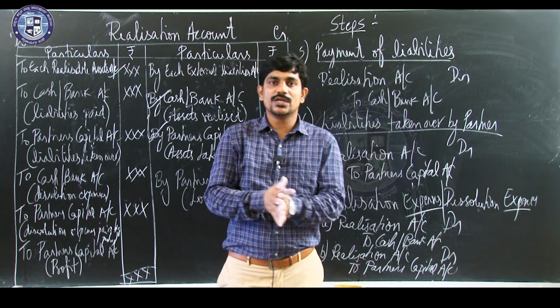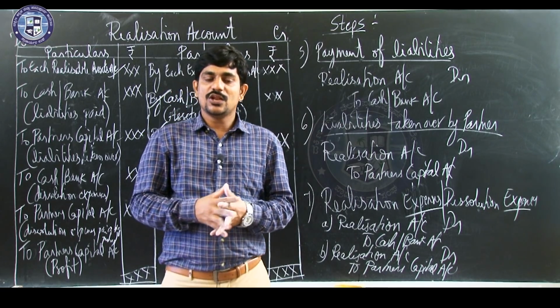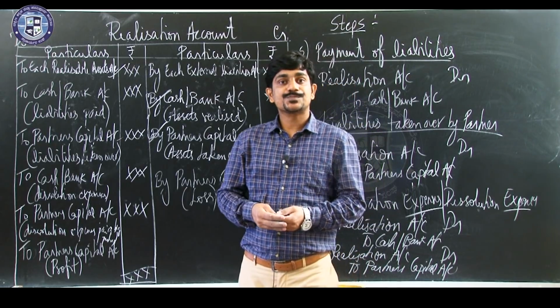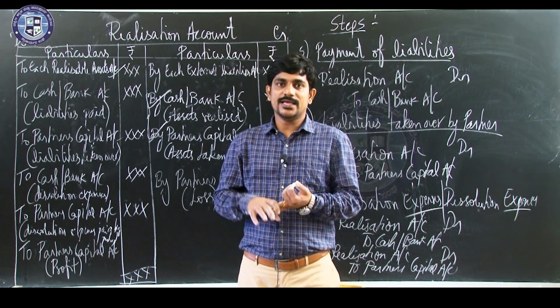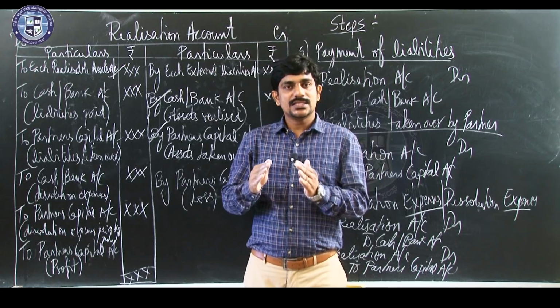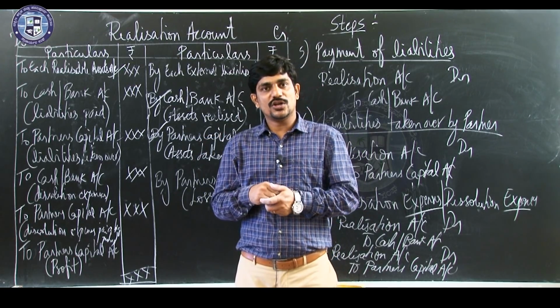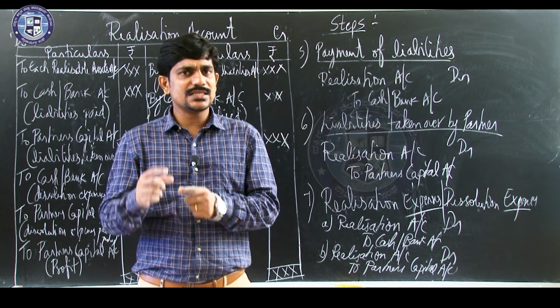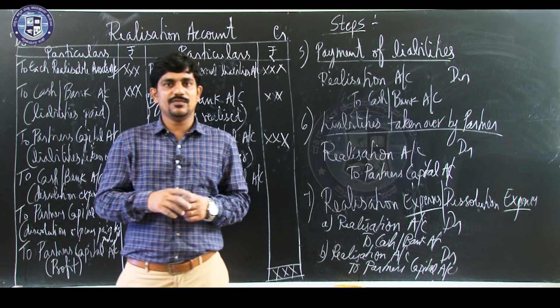Next, the second account is the partners' capital account. Now, you have already studied the partners' capital account in the admission of a partner as well as retirement of a partner. The same procedure we have to follow in the dissolution of a partnership firm also, but there is a slight change that I will tell you.